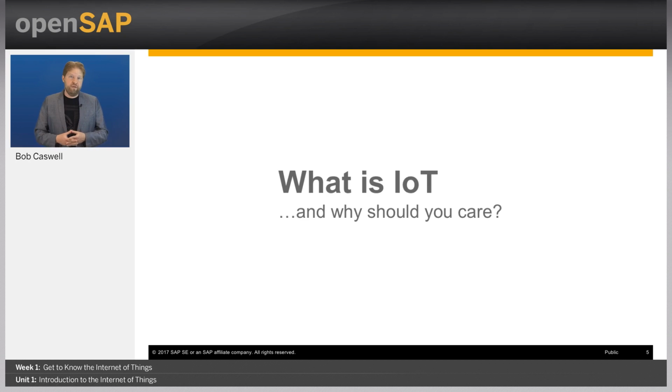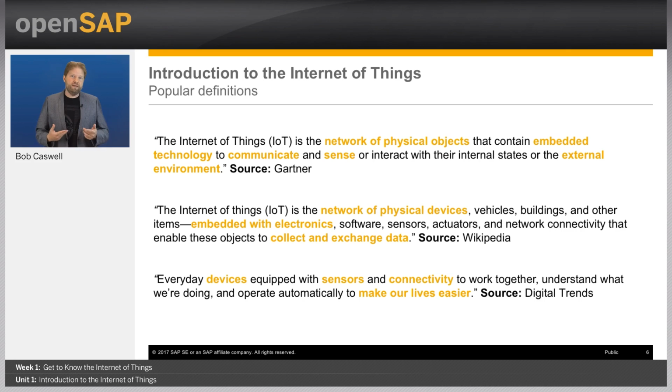So what is the Internet of Things and why should you care? Well, let's start by taking a look at some popular definitions out there. Gartner calls IoT the network of physical objects that contain embedded technology to communicate and sense or interact with their internal states or the external environment.